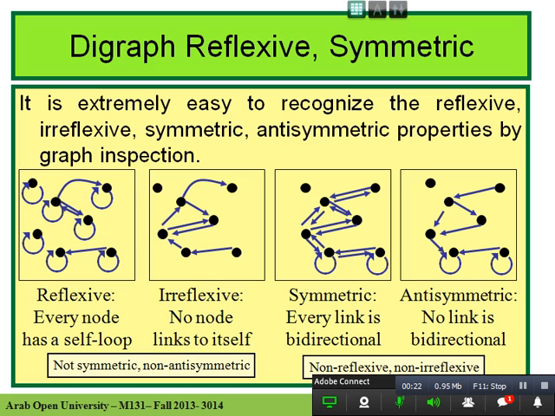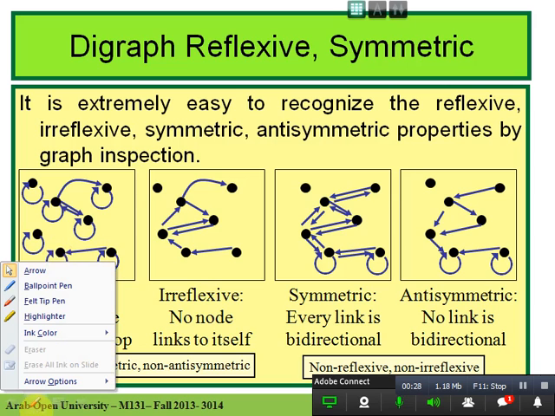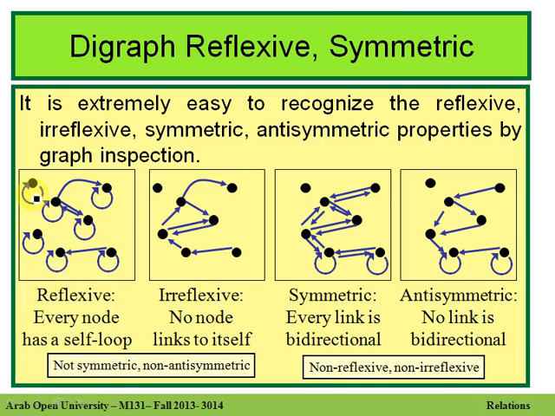For example, for a reflexive relation, every node or vertex has a loop, because a reflexive relation has the same elements, for example 1 comma 1, 2 comma 2, 3 comma 3. That is called a reflexive relation. And irreflexive, there is no looping. So any relation without looping is irreflexive.